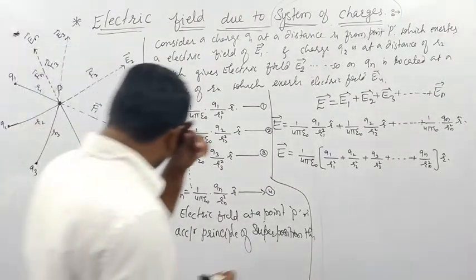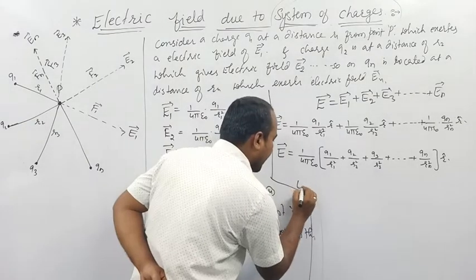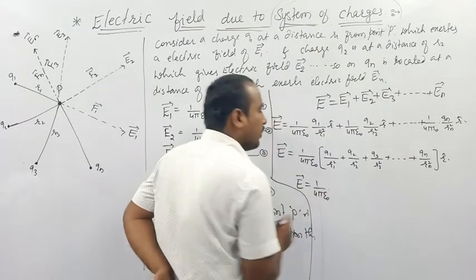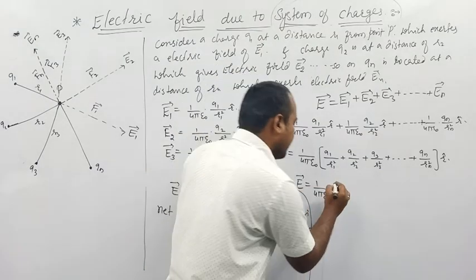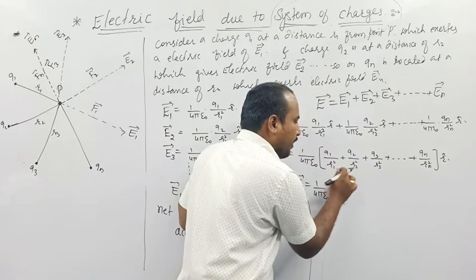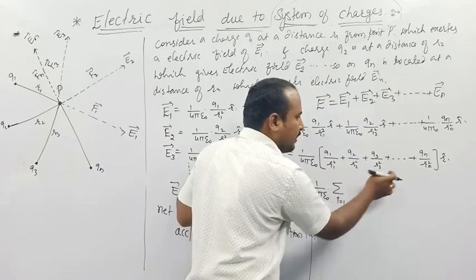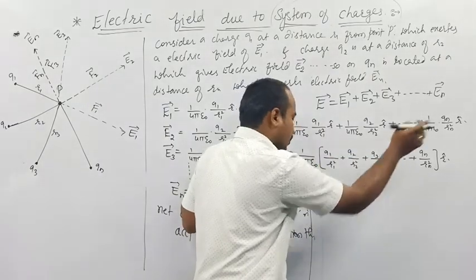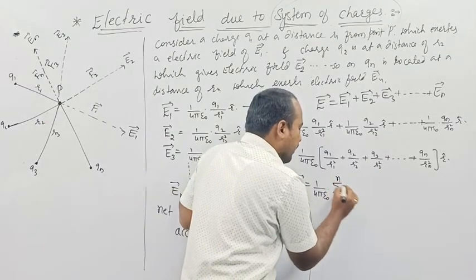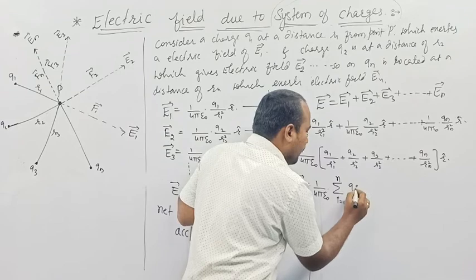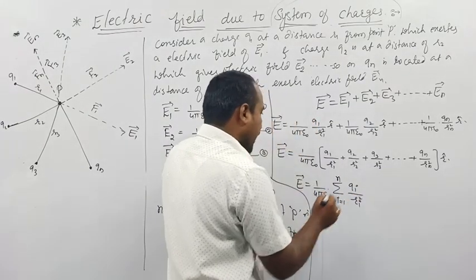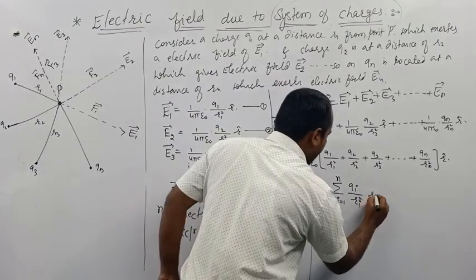So vector E is equal to 1 by 4 pi epsilon naught, and we can write it as a summation of I is equal to 1 to n, Q1 Q2 Q3 so on Qn, and R1 R2 R3 so on Rn. So Q of I divided by R of I square, into unit vector R cap.